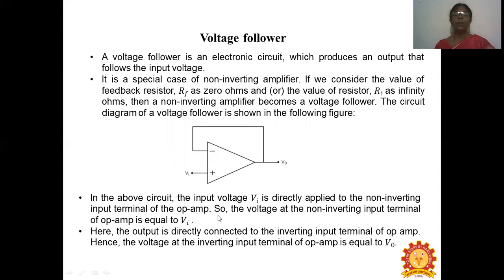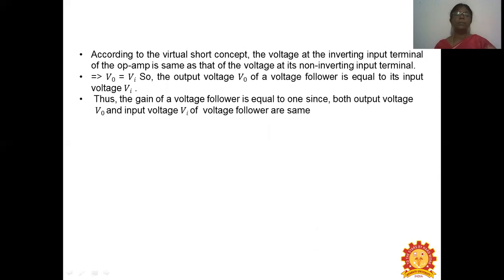In this circuit diagram, the input voltage Vi is directly applied to the non-inverting input terminal of the operational amplifier circuit. So the voltage at the non-inverting input terminal of the op-amp is equal to Vi. Here the output voltage is directly connected to the inverting input terminal of the op-amp. Hence the voltage at the inverting terminal of the op-amp is equal to V0.